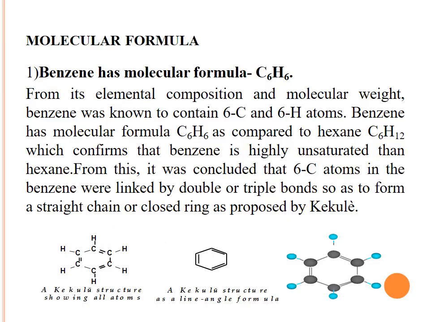So the first one is the molecular formula of benzene, C6H6. From its elemental composition and molecular weight, benzene contains 6 carbon and 6 hydrogen atoms. Benzene has molecular formula C6H6 and hexane has formula C6H12, which confirms that benzene is more highly unsaturated than hexane.